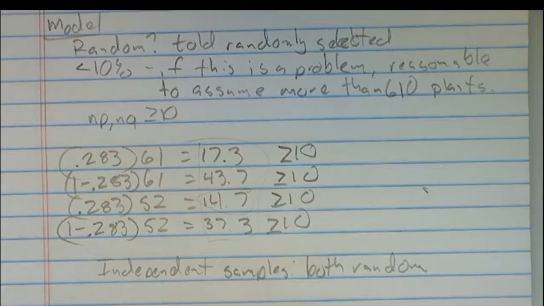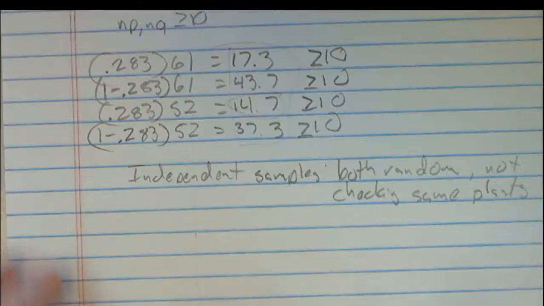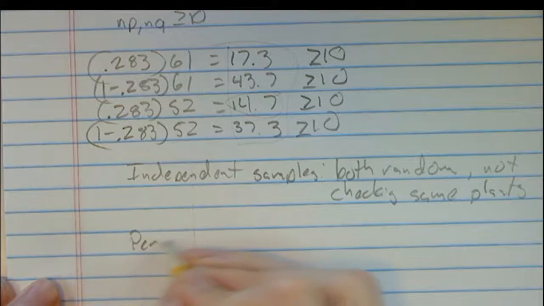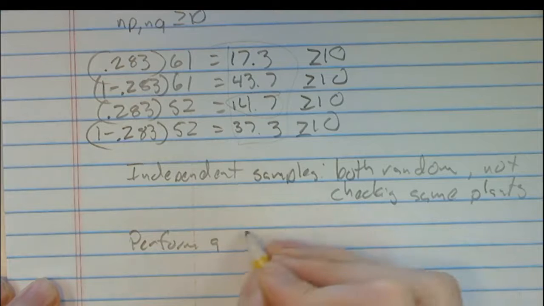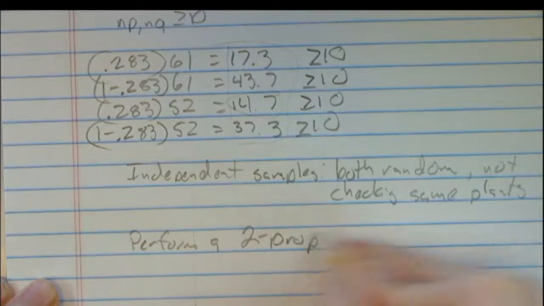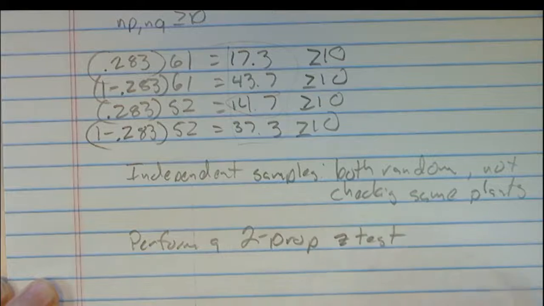As long as we're not checking the same plants, because we're probably not, these things last for a season and then blow away. We have independent samples. So the model we want to use is to perform a 2-proportion z-test. And that is our model.